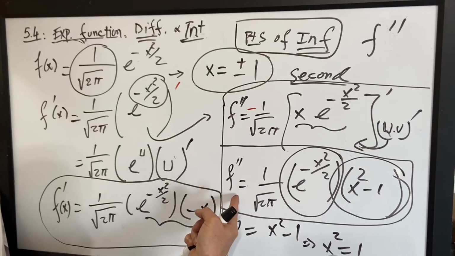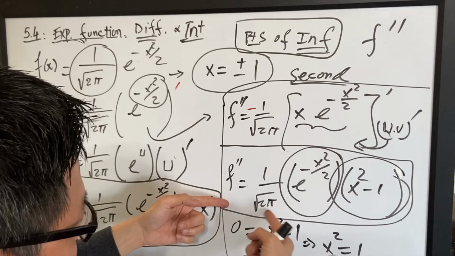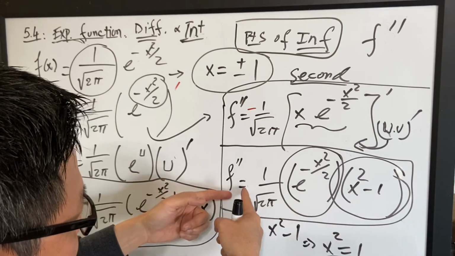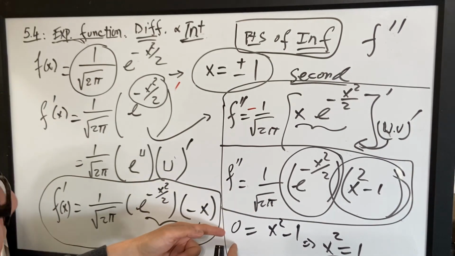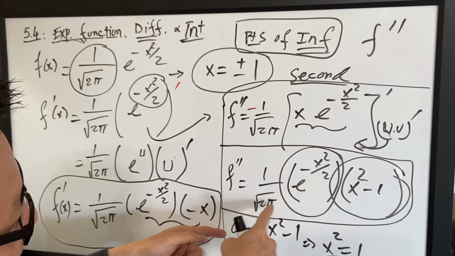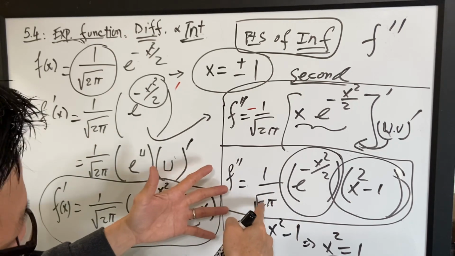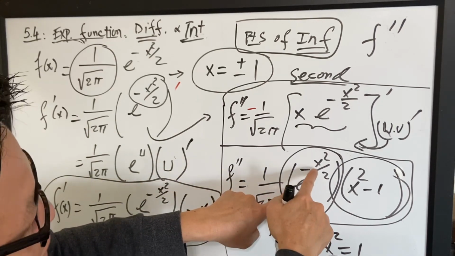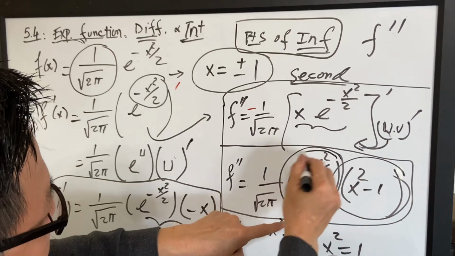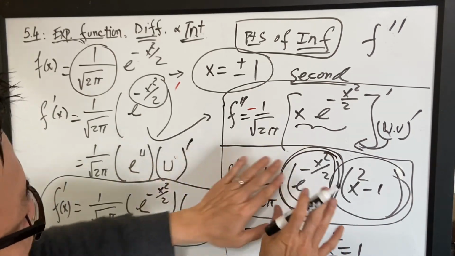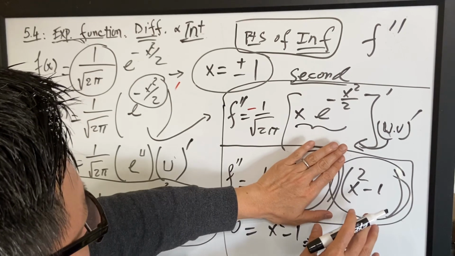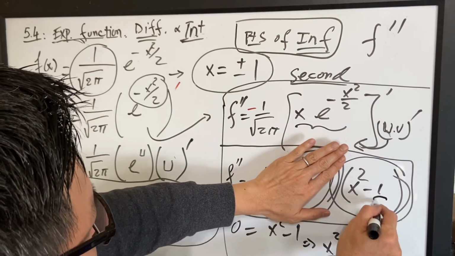You take the second derivative, and once you have it, you set the second derivative equal to 0 and solve for x. This one, you divide both sides by that, 0 is still 0 times this. And this one, there is no value for x that can make it 0. Therefore, the second derivative depends on this factor right here.